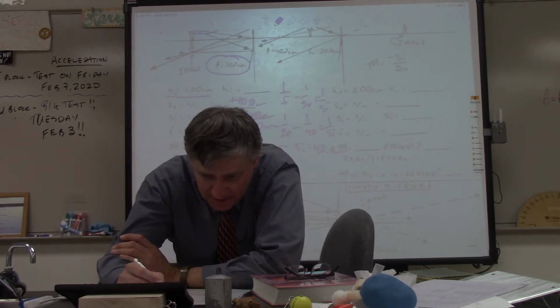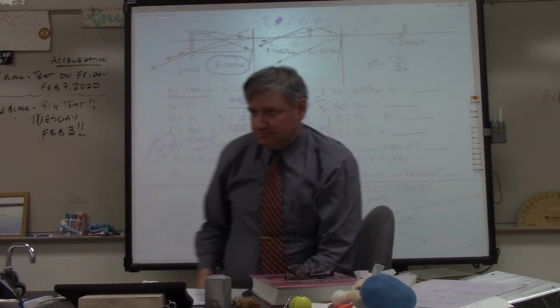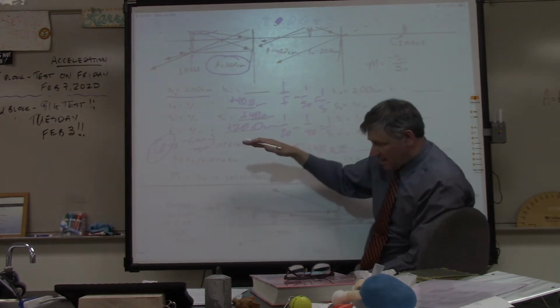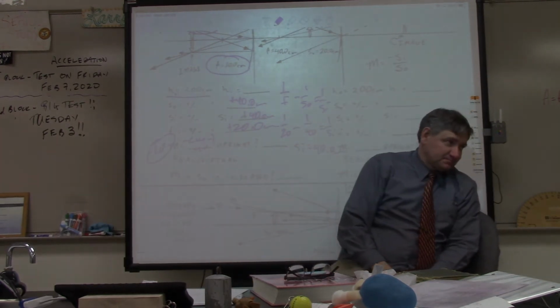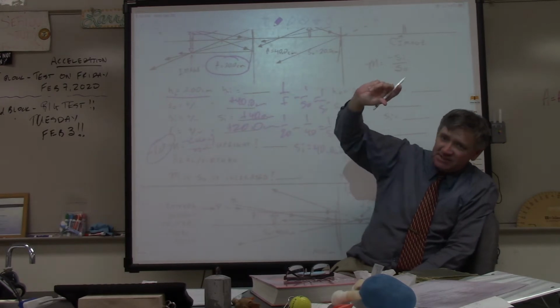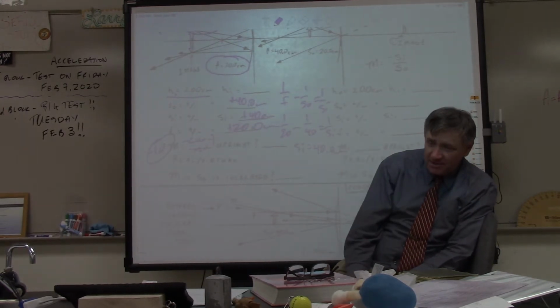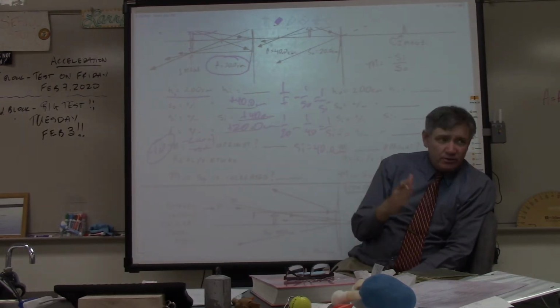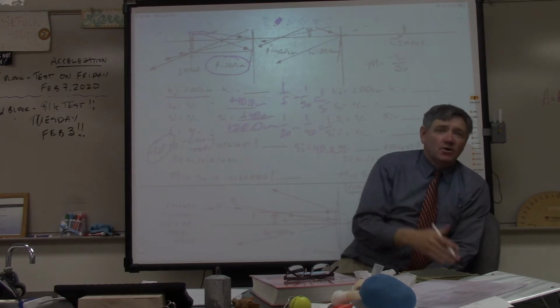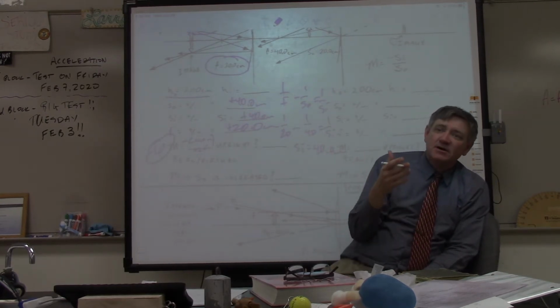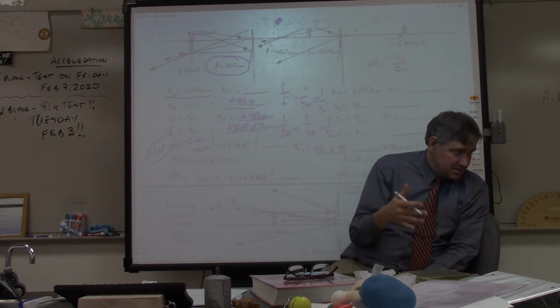So I get a negative 1. Why is my magnification negative? Because my image is upside down. So, it has a value of 1. So, my object and my image are going to be the exact same size.